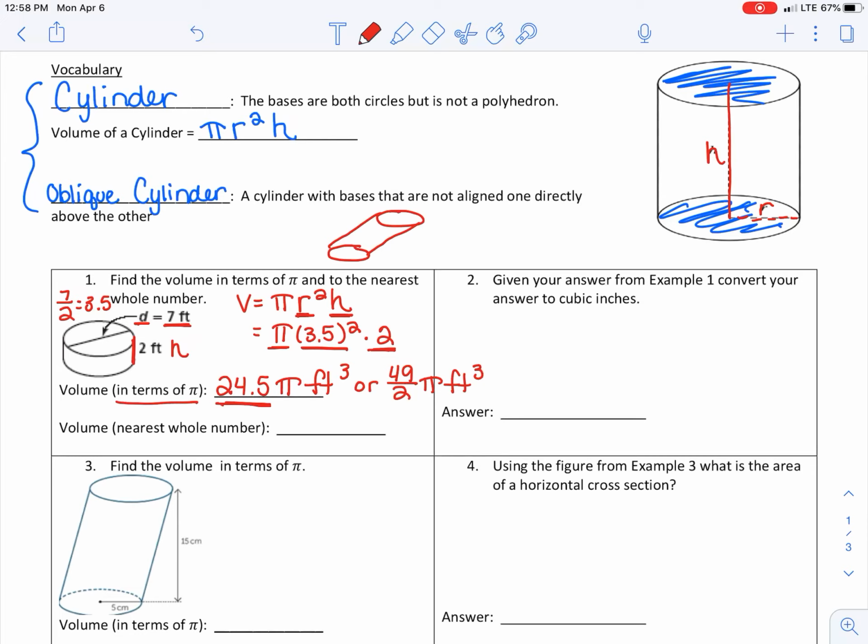Then it says, find it to the nearest whole number. So this time we're going to take this 24.5 and multiply it by the pi symbol. Don't multiply it by 3.14. Go ahead and multiply it by pi. If you do that and round to the nearest whole number, it's going to be 77 feet cubed.